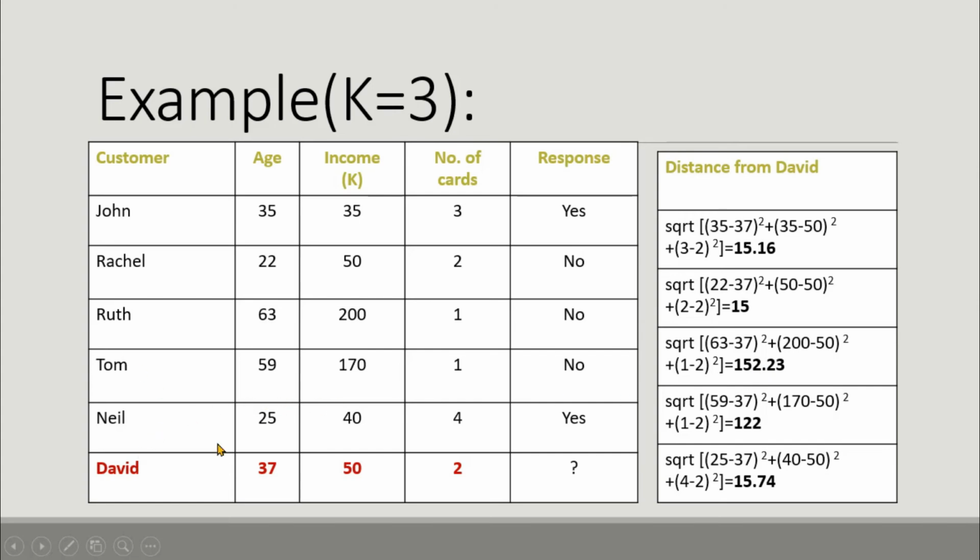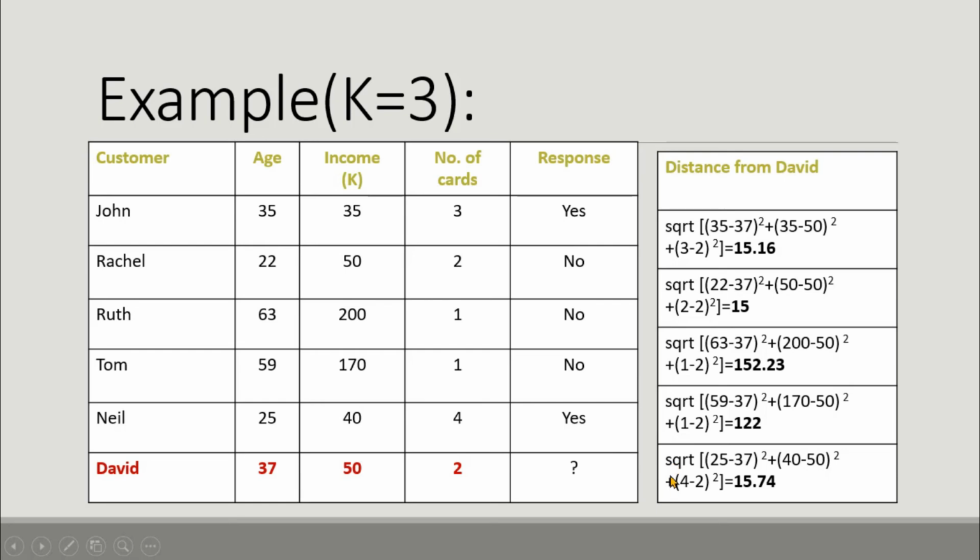From David to Tom, the age of David is 37 and the age of Tom is 59. So it will be the square root of (59 minus 37) whole square plus (170 minus 50) whole square plus (1 minus 2) whole square. If we calculate it, the result will be 122. From David to Neil, the age of Neil is 25 and the age of David is 37.